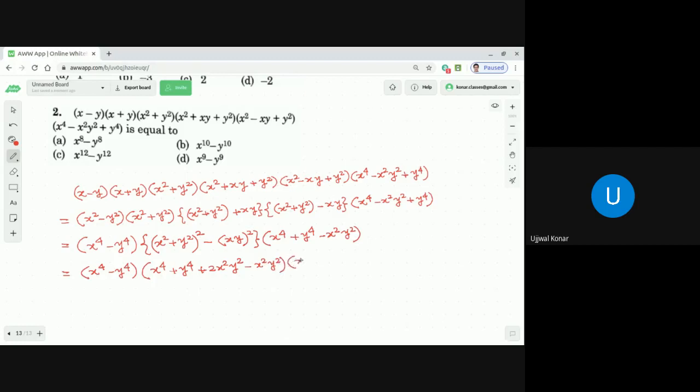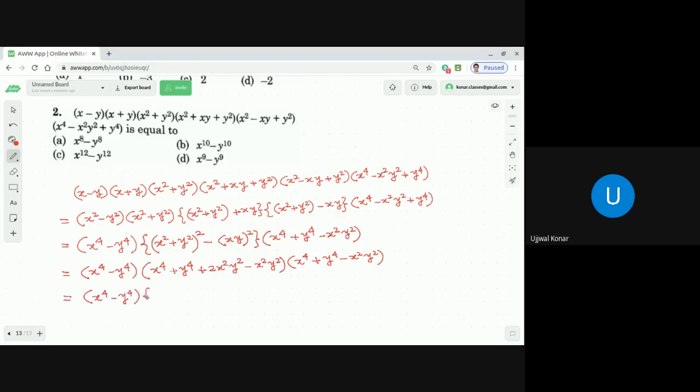And what do we get here, dear students? x power 4 plus y power 4 minus x square into y square. So this is equal to what we are going to get, dear students? x power 4 minus y power 4.